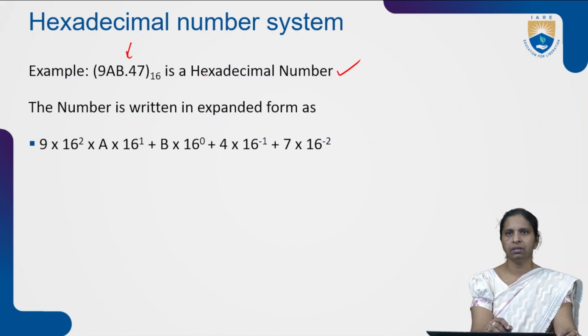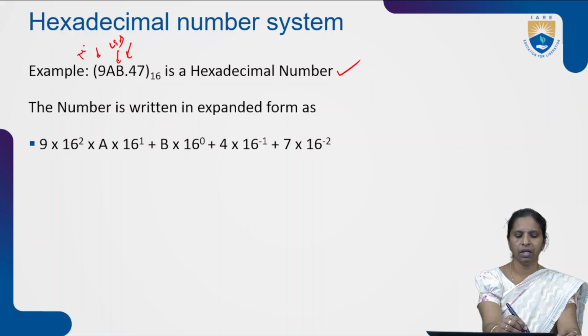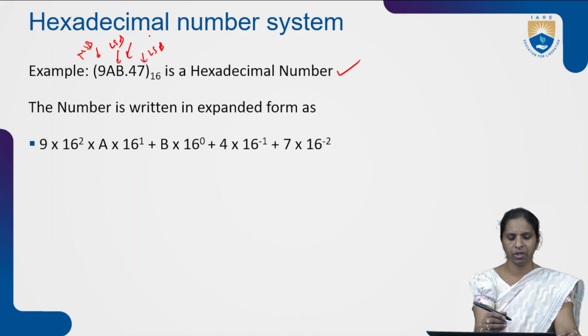And this number can be written in expanded form. Here B is the LSB for the integer part and 9 is the MSB for the integer part, and 7 is the LSB for the fractional part and 4 is the MSB.